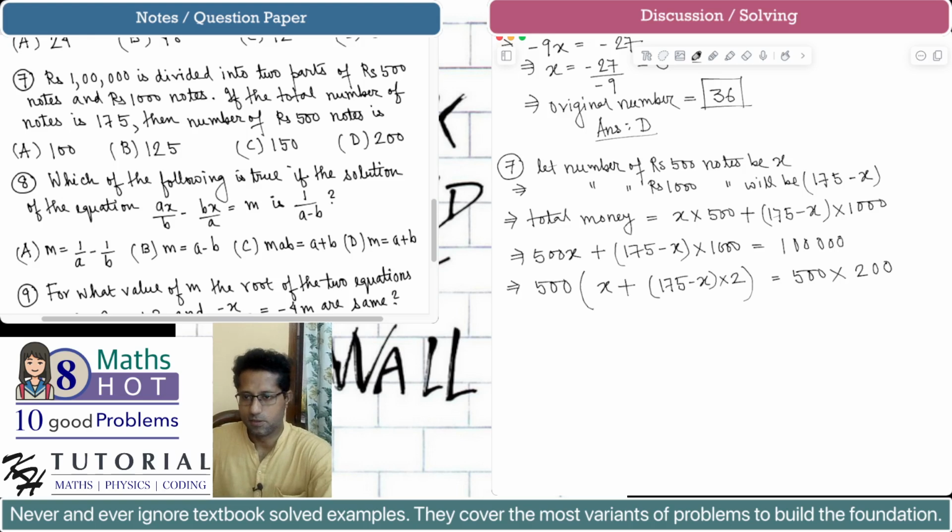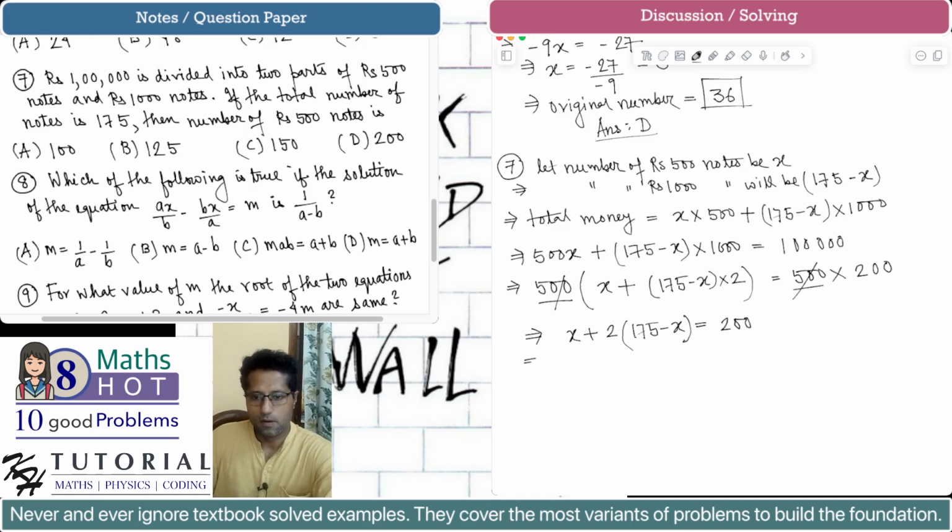Now I can see there is a common factor in the LHS and RHS, and I can cancel that out. So the equation becomes x plus 2 into (175 minus x) is equal to 200.